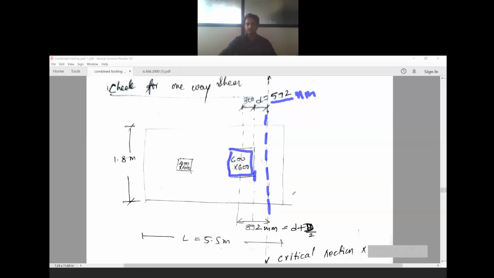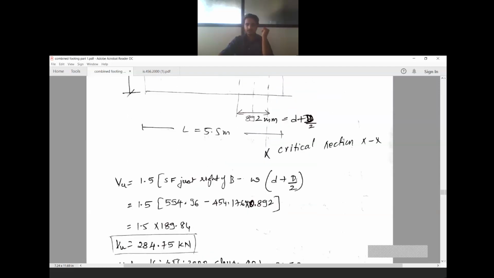So the critical section for shear is at a distance of d from the face of the bigger column. With that note, we shall continue with the problem.